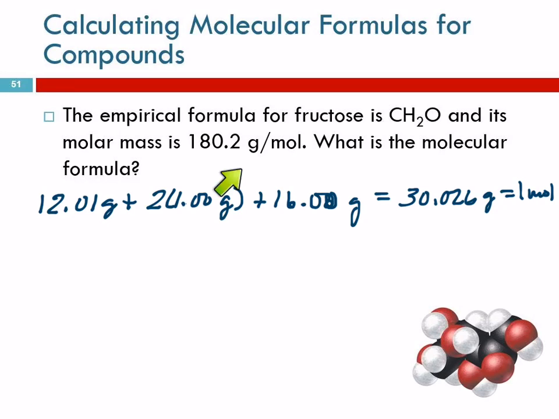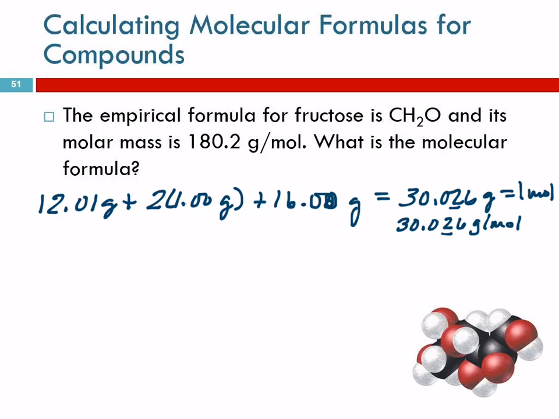Now here we see this with units of grams per mole. If 1 mole is 30 grams, then we can also say that the molar mass of this empirical formula is 30.026 grams per mole. I should have 4 sig figs.